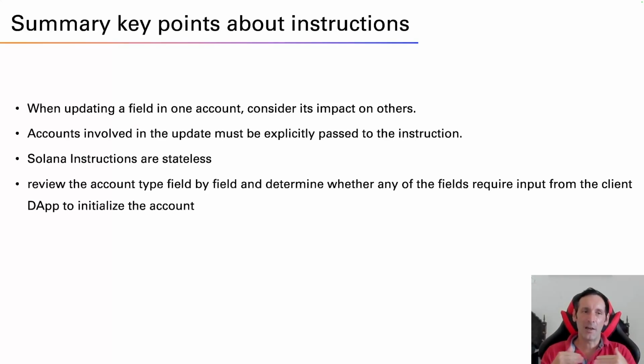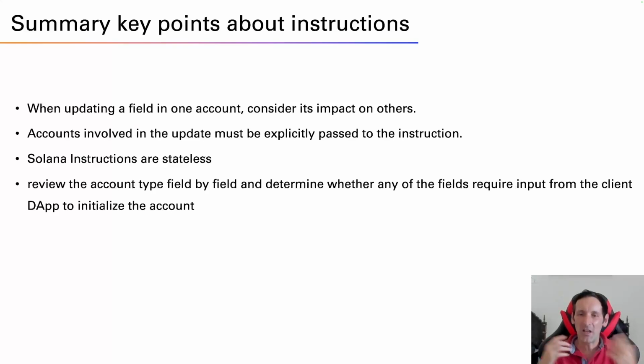For instance, if I need the customer shipping address, is that coming from the client account? If yes, then that's an argument in the instruction, and also probably an argument in the context struct that you define for that instruction, because you will probably need that argument to calculate the space required for that account. You see where all of these things are linked together?